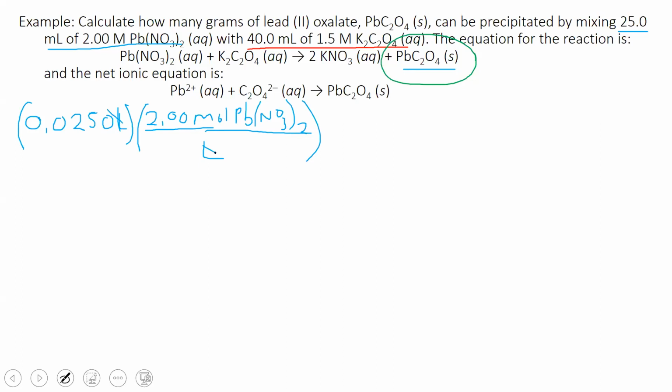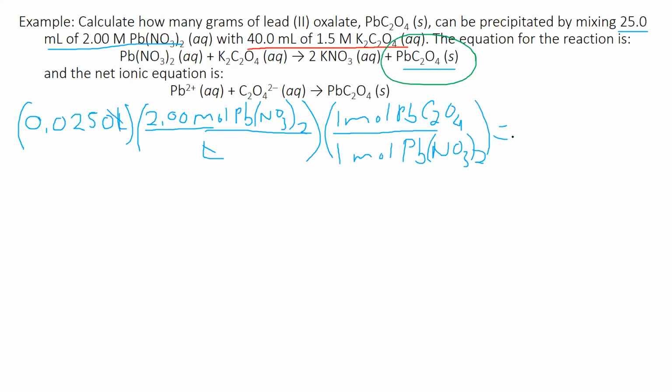Then, just like we did with other stoichiometry limiting reactant questions, we put in our mole ratio for lead oxalate: 1 mole of lead oxalate will be produced for every 1 mole of lead nitrate, and you wind up with 0.050 moles of lead oxalate.